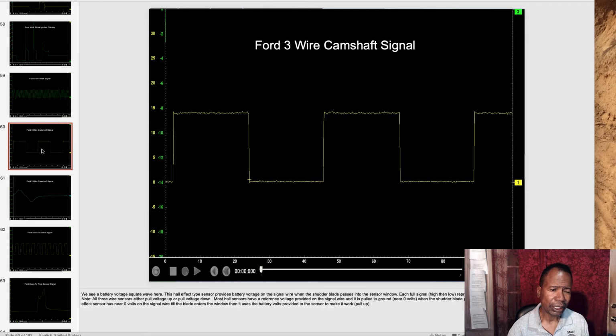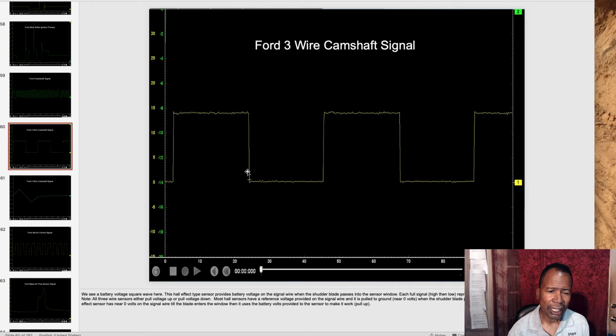On this particular design, we start at 0 volts there. As the shutter wheel goes in between the Hall effect unit, it interrupts the magnetic field. The signal is then pulled up. Then when it passes, it's pulled back down.